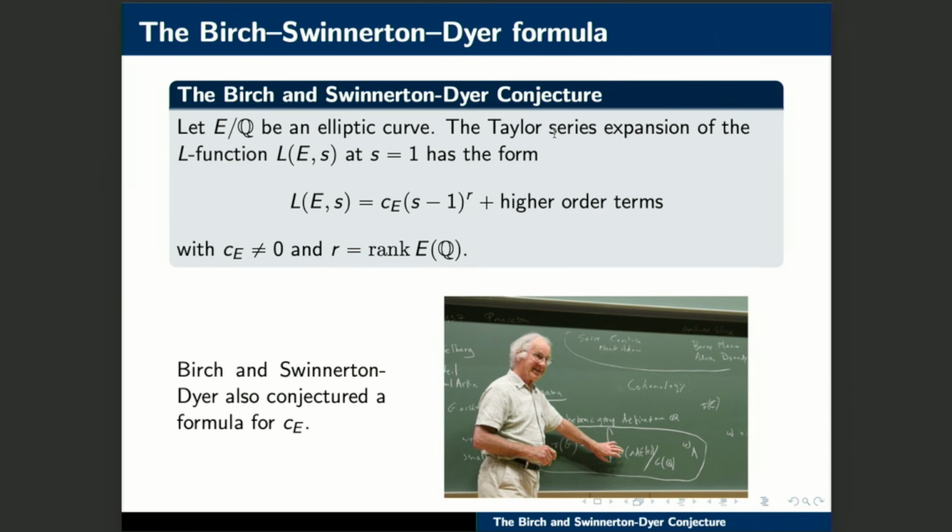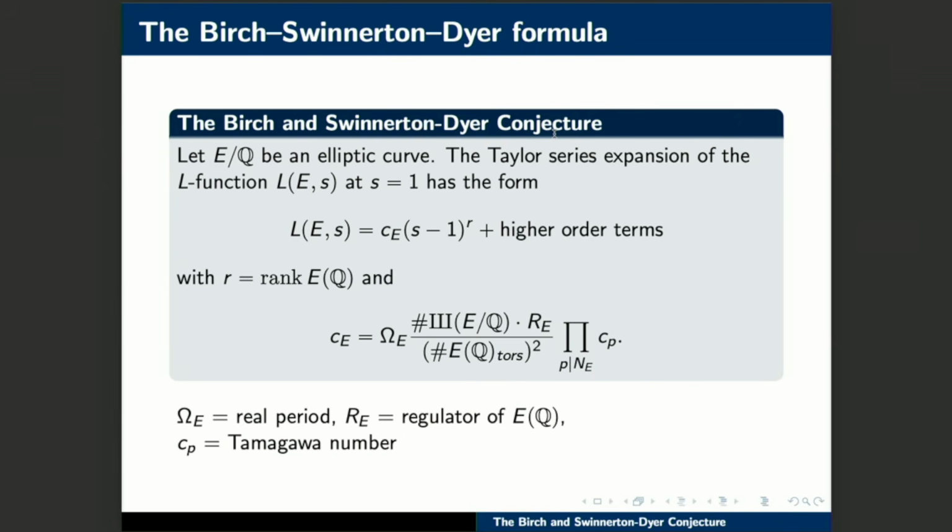All right. What else has been done? I said that Birch and Swinnerton-Dyer not only conjectured something about the order of vanishing, but they conjectured a value of the constant that appears. And that constant, not surprisingly, involves the Tate-Shafarevich group.